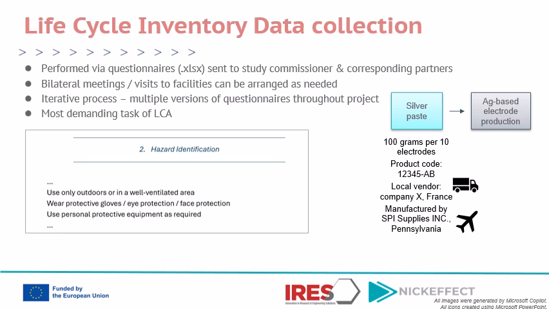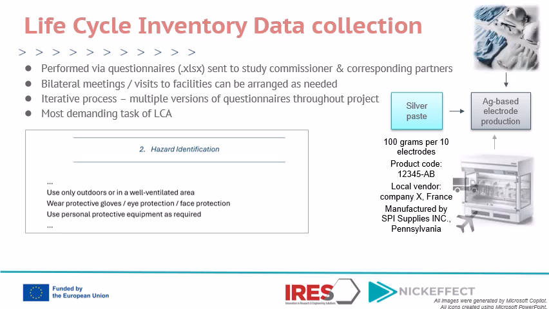So here, for example, we see things like needed a well-ventilated area, we need face protection, eye protection, so that kind of gives me a clue that I should ask the partner that is responsible for developing these hypothetical electrodes, what kind of protective equipment they use, or what kind of fume hoods or other ventilation systems they use, because these might have a significant impact on the energy consumption of the process or the material used.